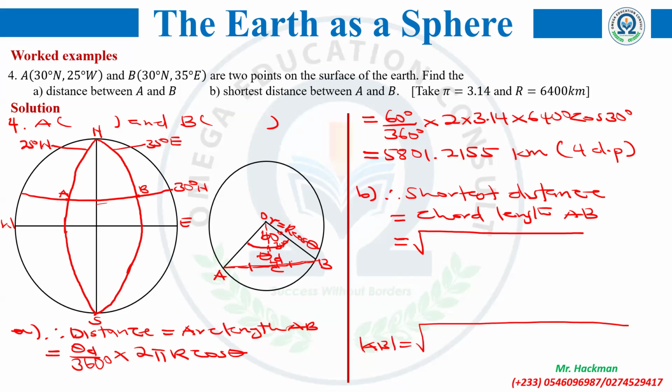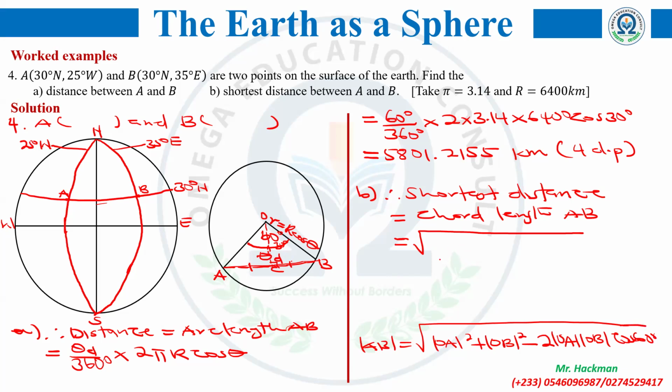The length of AB squared will be equal to the length of OA squared plus the length of OB squared, minus 2 times the length of OA times the length of OB times cos 60 degrees. So that is what we are going to quote.